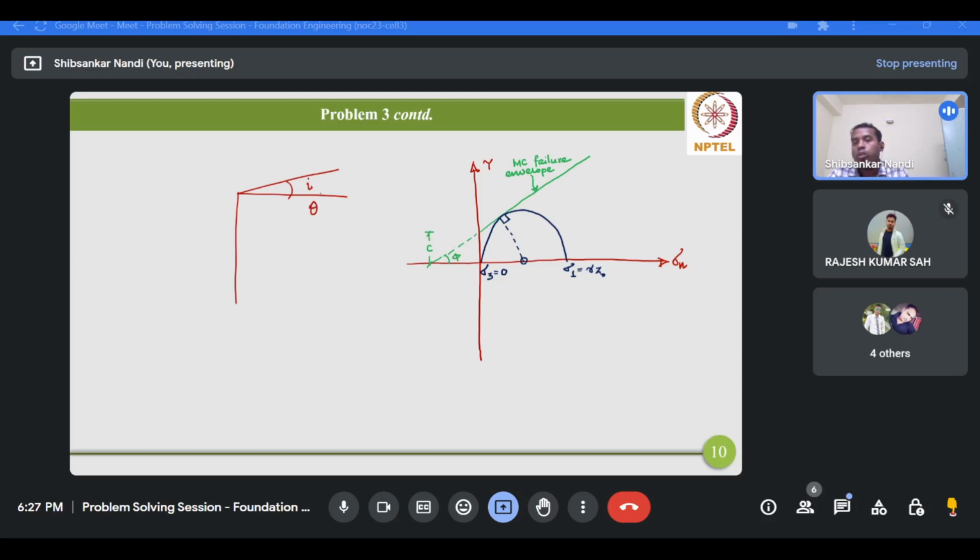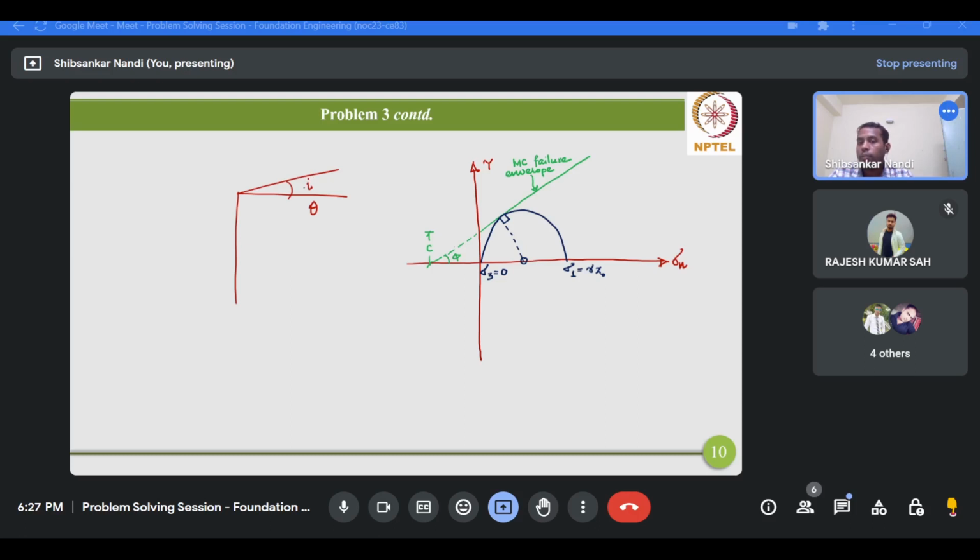In some textbooks you may encounter that i is used to denote the inclination of the backfill surface. In some other textbooks, you may encounter that theta is used to represent the inclination of the backfill. It will be mentioned in the problem, or whatever standard notations are used in the problem, you should act accordingly.